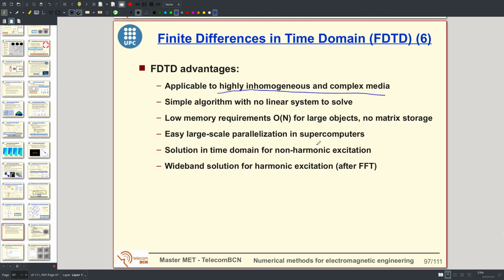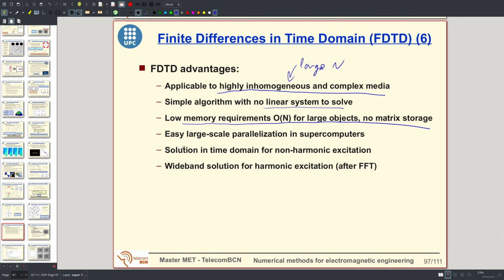So since it is applicable to a very large number of unknowns with low memory and no matrix storage, no linear system to solve, it is very good for inhomogeneous media, because they need a very large number of unknowns.